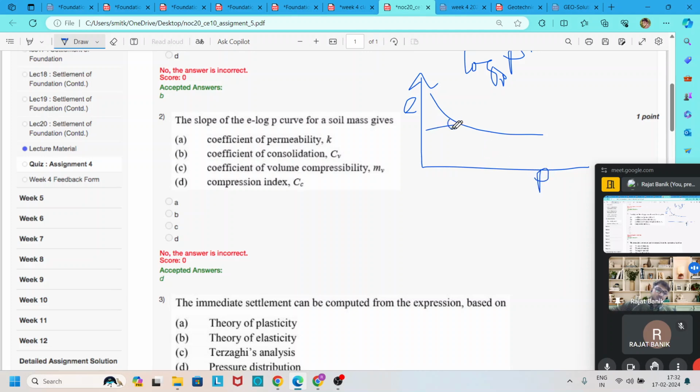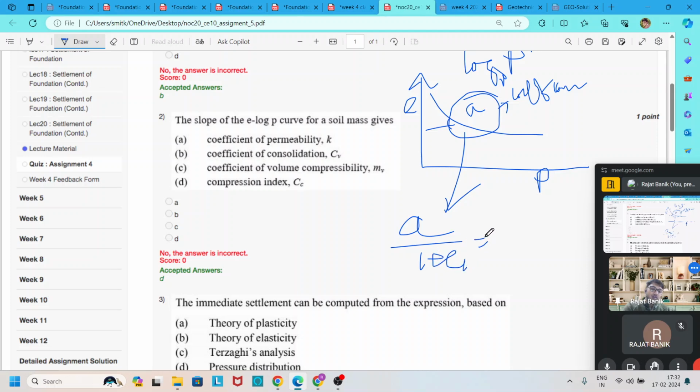The slope of this curve is called a, the coefficient of compressibility. When we divide this a by 1 plus e naught, it becomes mv, the coefficient of volume compressibility.